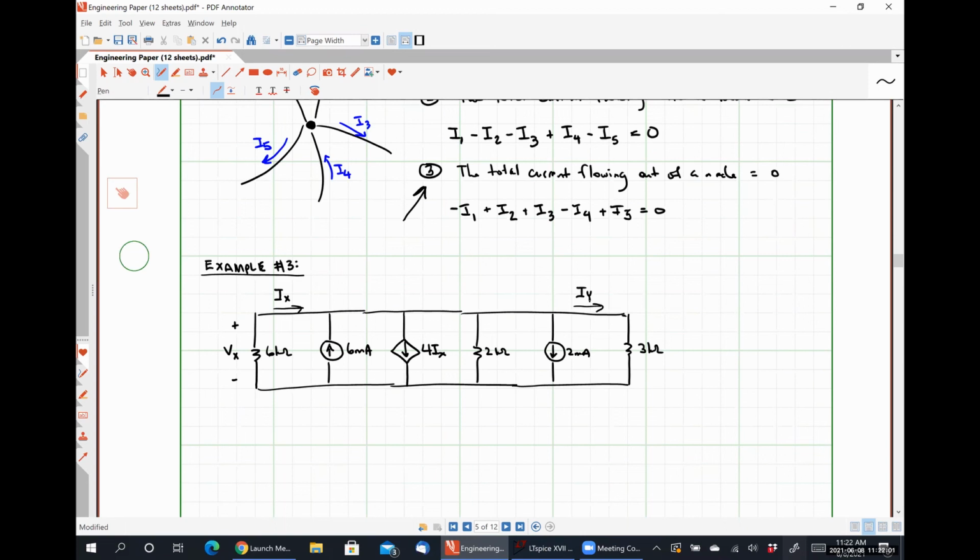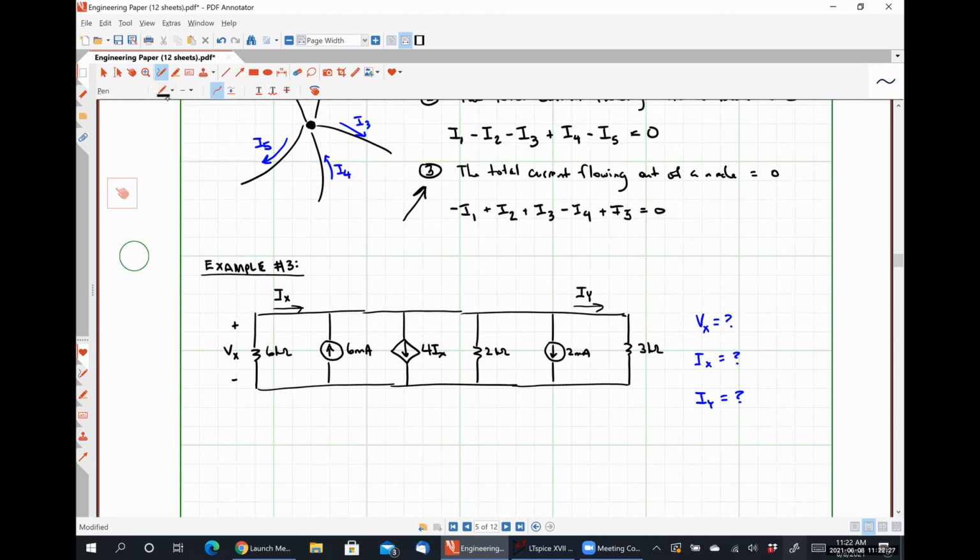And our ultimate goal in this particular problem is to determine Vx, Ix, and Iy using some combination of Kirchhoff's current law and Ohm's law.